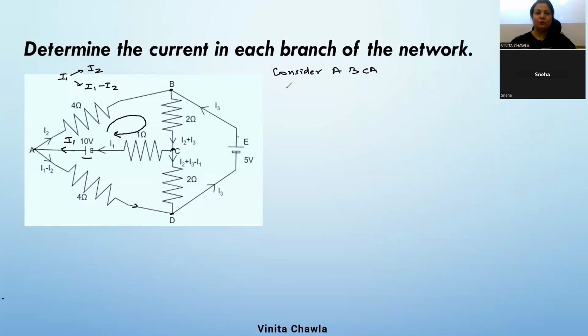So we'll write 4 I2 first, and then we have B. B में resistor is 2, current is I2 plus I3. So we'll write 2 in bracket. We will write I2 plus I3. And here we have this I1 through this 1 ohm resistor. Write 1 also. No need to write वैसे. 1 into I1 is I1. Okay. Clear है ना? I'm not writing. So it's equal to 10.